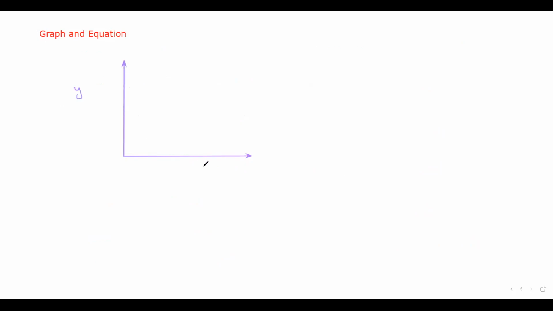Like this is the y-axis and x-axis, and it is a straight line which is passing through a region. So the equation of this line is y equals mx plus c, where c is called the y-intercept.